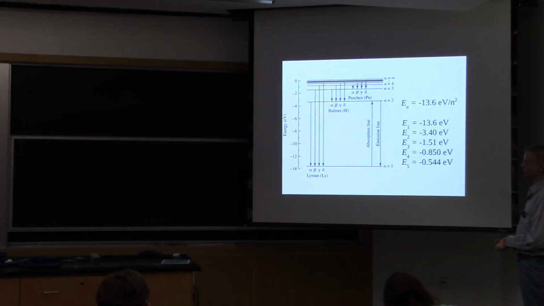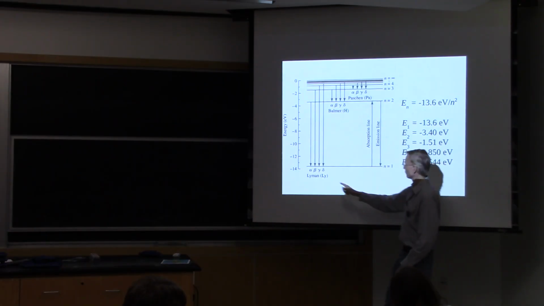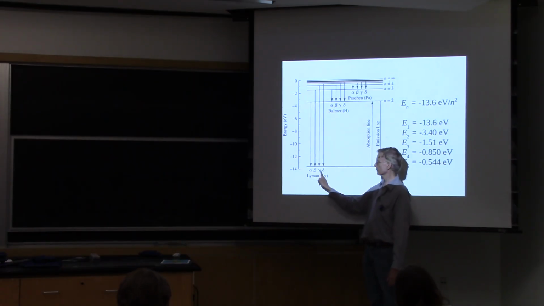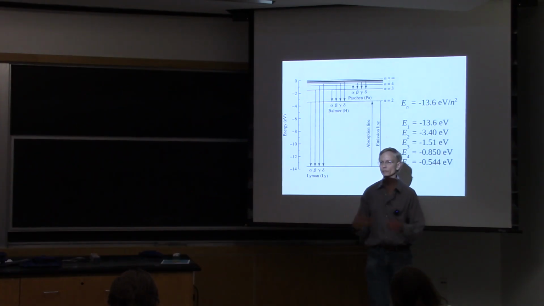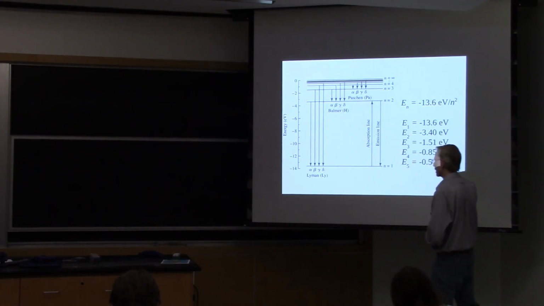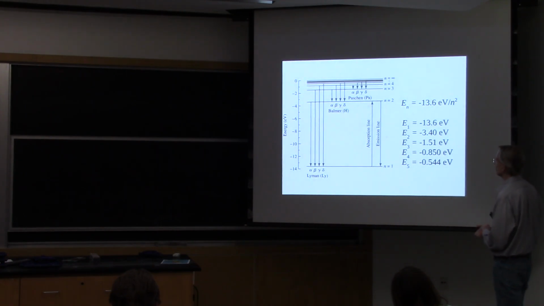In terms of energy, the lowest energy is the alpha line, second lowest is the beta line, third lowest is the gamma line, right? So in terms of wavelengths, longest, shorter, shorter, shorter, they get shorter and shorter, the energies are getting larger and larger because for a photon, the shorter the wavelength, the higher the energy.